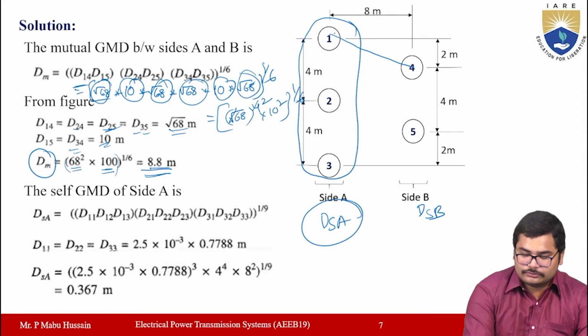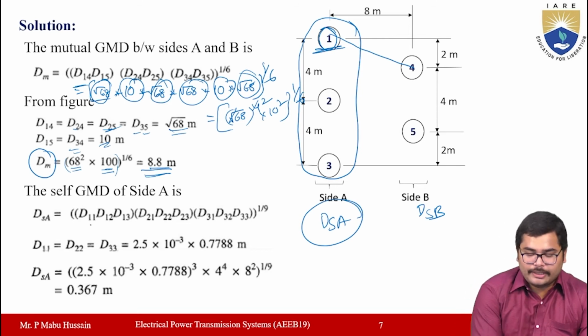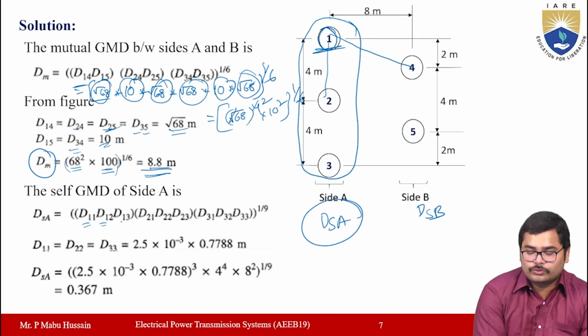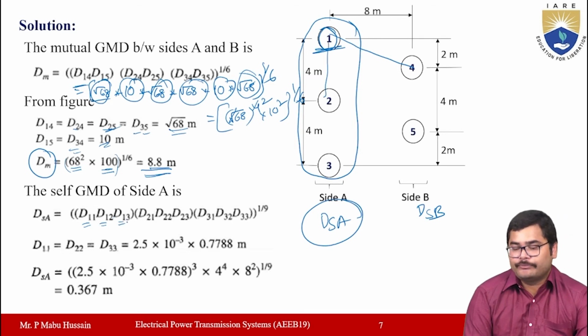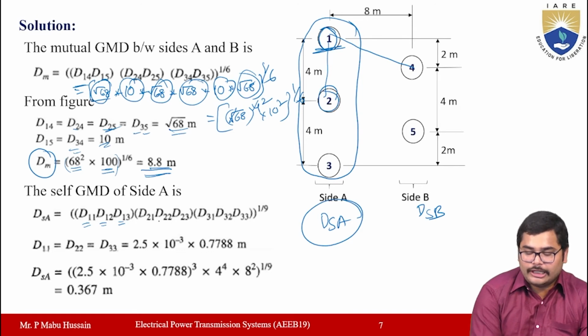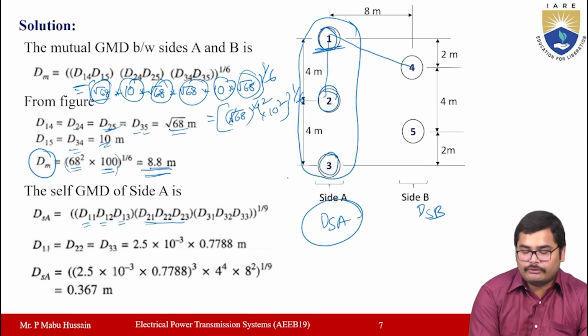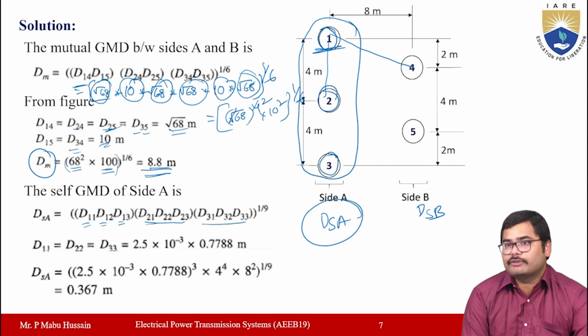Here in phase A, if you consider the first subconductor, all the possible distances will be D11, the self distance, then D12, D13. This is one set. If you consider the second subconductor, all the possible distances will be D21, D22, D23. If you consider the third one, then all possible distances will be D31, D32, D33.